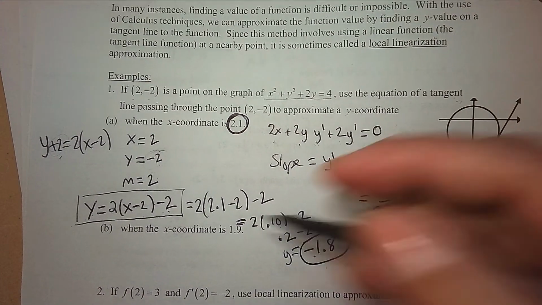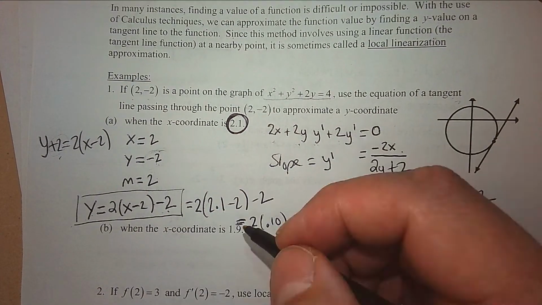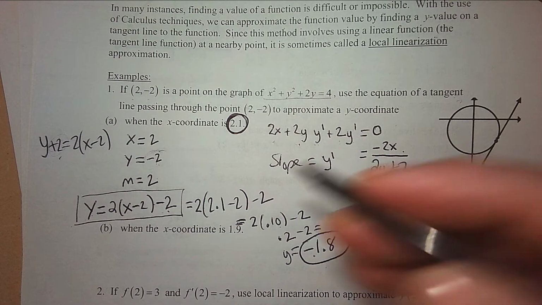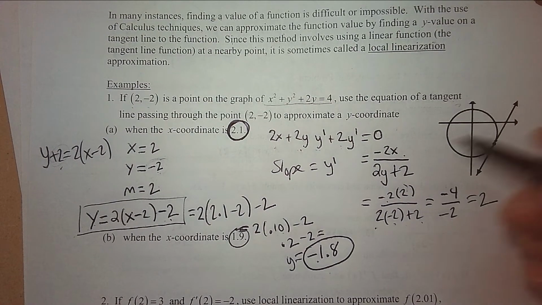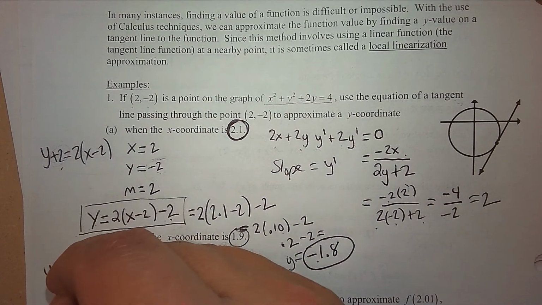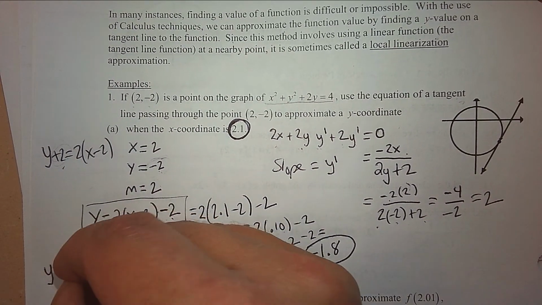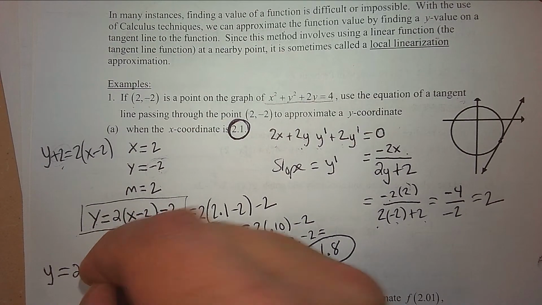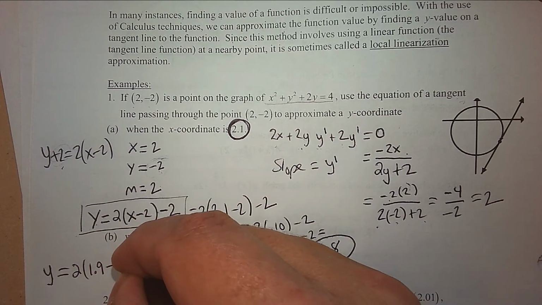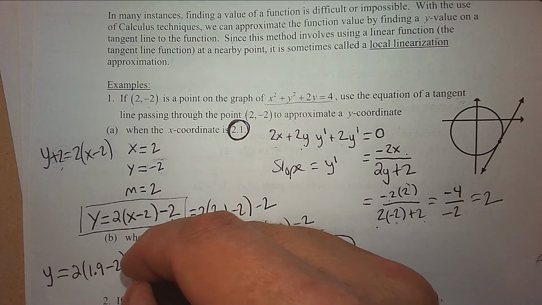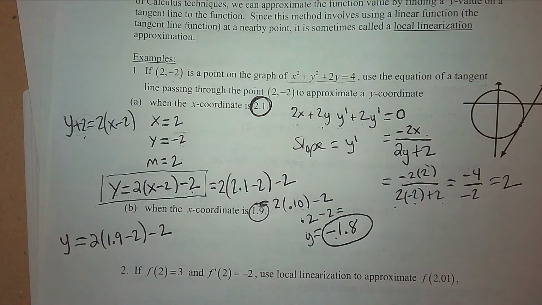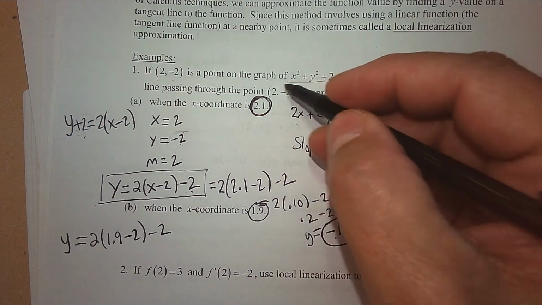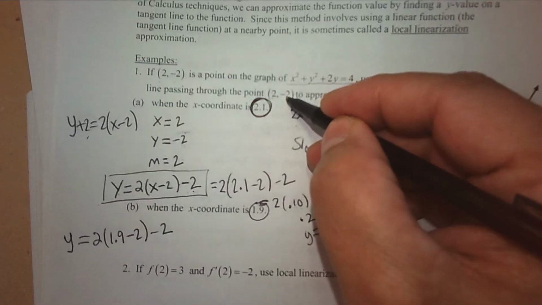Then it says, what happens if it was 1.9? Do you see that, part B? So then I just plug in 1.9. Remember, the original tangent point is at 2 and negative 2.